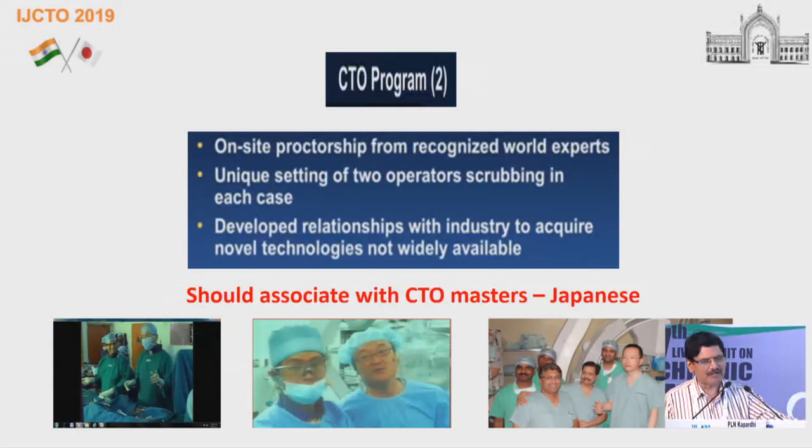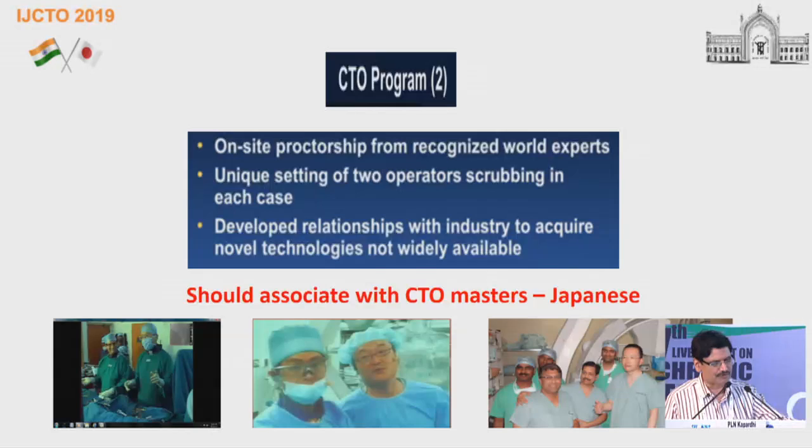And for developing the operator skills, these are most important. On-site proctorship by recognized world experts, especially our Japanese senior colleagues, is most important. And the unique setting of 2 operators scrubbing in on each case is mandatory. And developing a relationship with industry to acquire novel technologies not widely available. So we should associate with CTO masters like the Japanese for developing a CTO program, which we started in 2006.